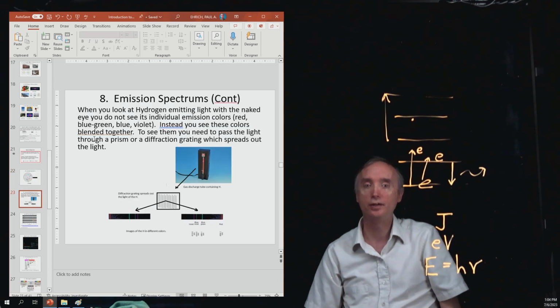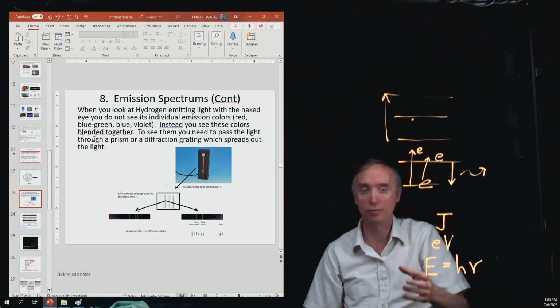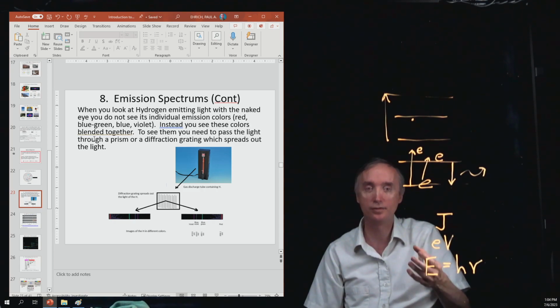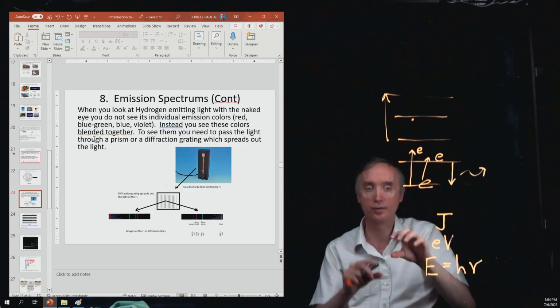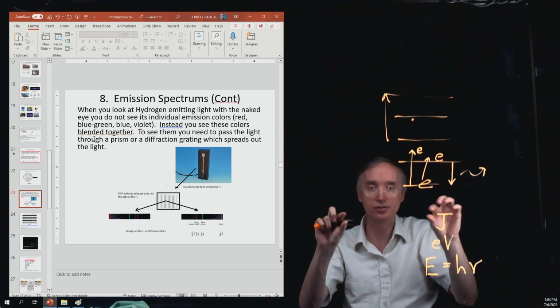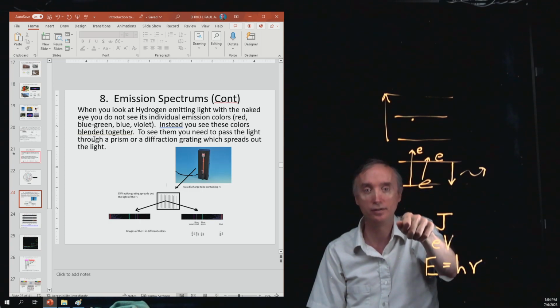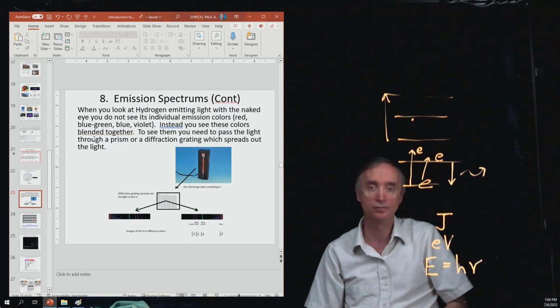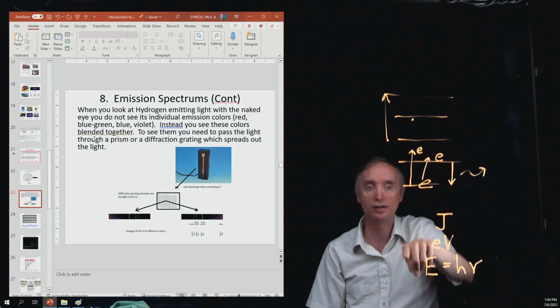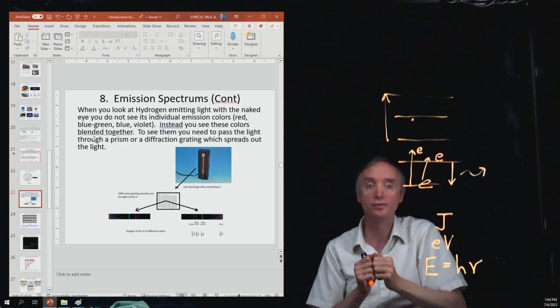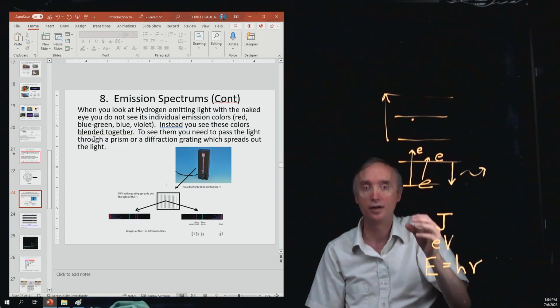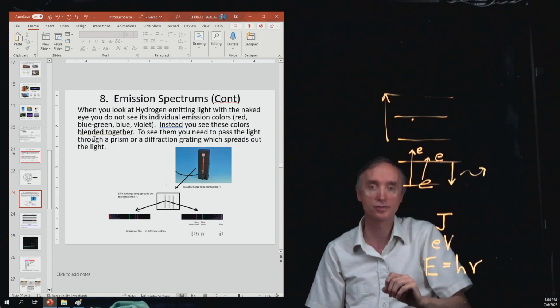Okay, now how do we observe an emission spectrum? You may have already done it in lab. The idea is you're going to have a glass tube that has a certain gas in it. You put the glass tube into a machine that hits it with electricity. The electricity makes the electrons jump up and down so that it starts to emit the various colors associated with that particular gas.